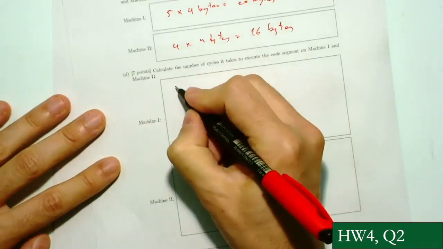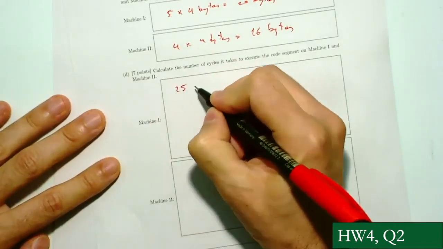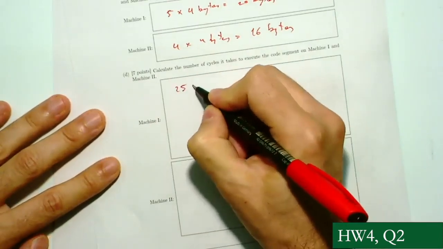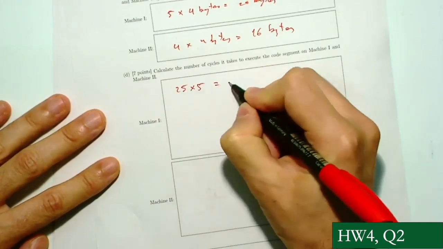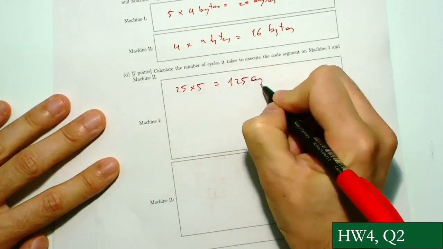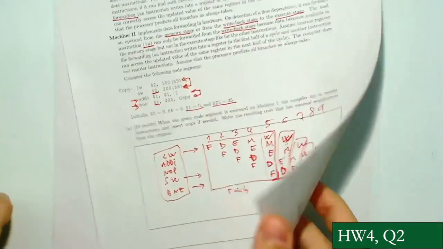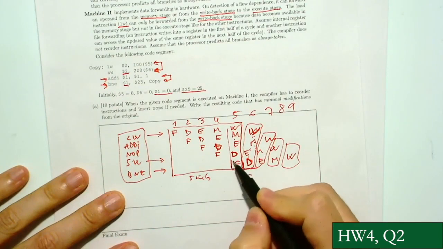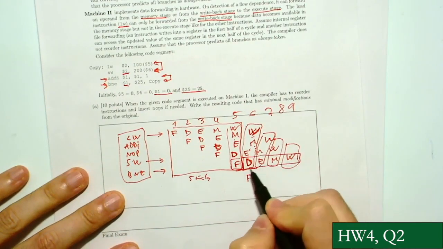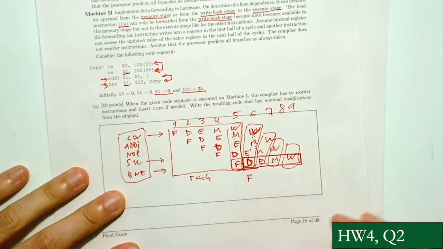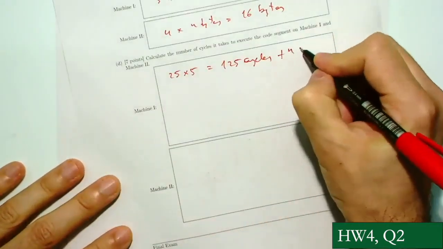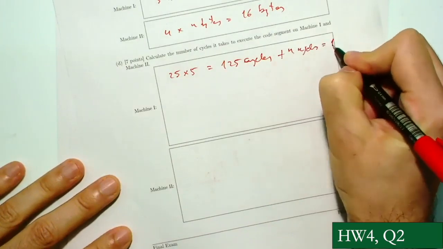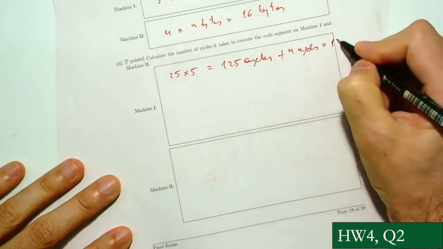As we have 25 loops, and we start 5 instructions per loop, we have 125 cycles. But in the last iteration, we have to finish the final pipeline stages, that is 4 additional cycles, plus 4 cycles. So 129.